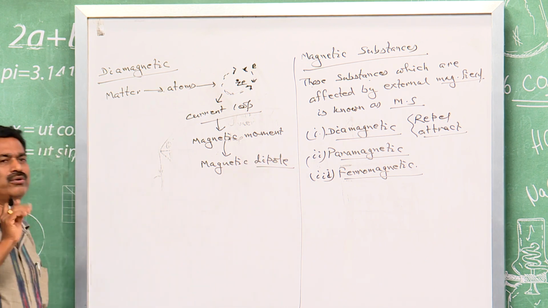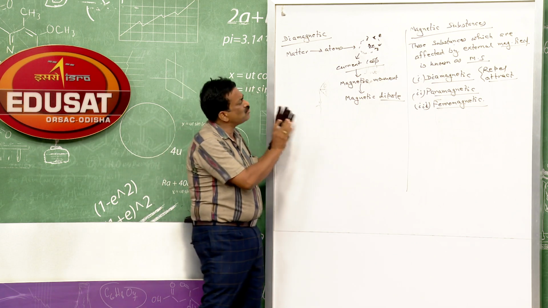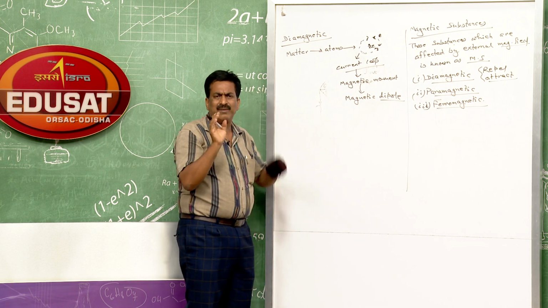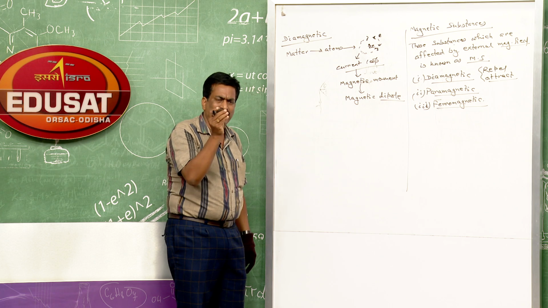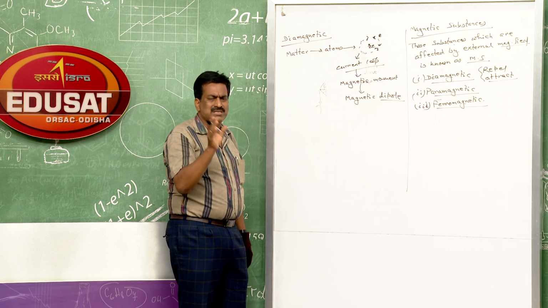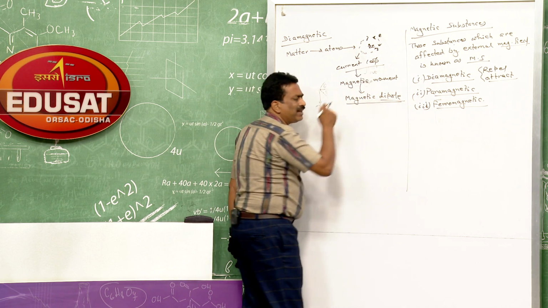These things we know. Please go through the concept. This is a purely conceptual chapter. The derivation part is very small. If you go through it very clearly, once you understand, it will be with you forever. So this will produce a magnetic dipole.